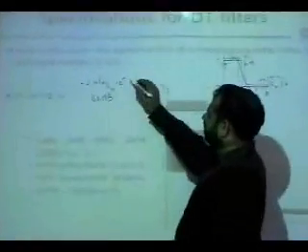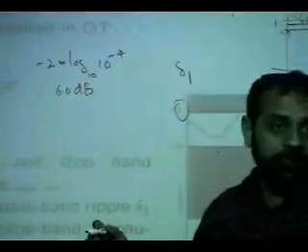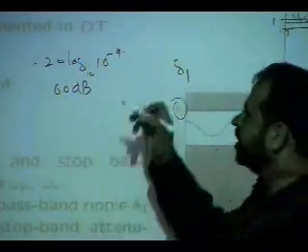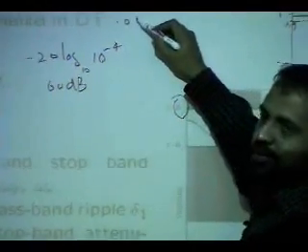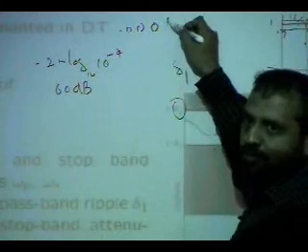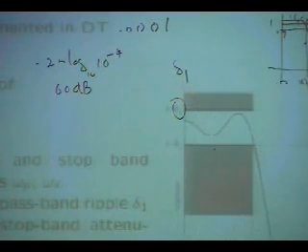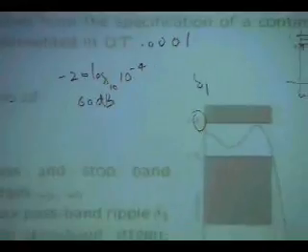If it is 4, it will be 80 dB. So 80 dB is 0.0001. So once I say 80 dB down, it means divided by 10,000. All the unwanted frequency contents will be divided by 10,000; you are reducing them 10,000 times. So 80 dB is very good.